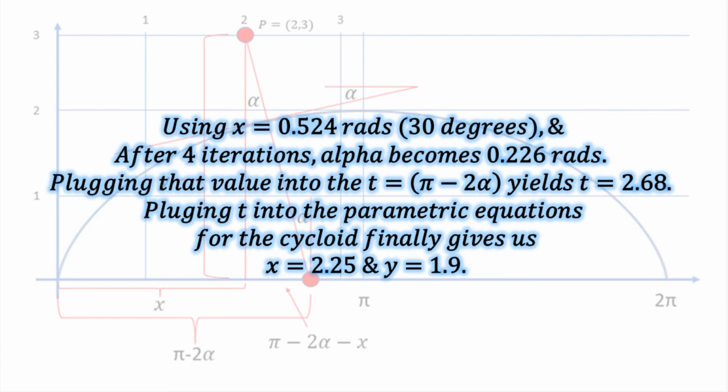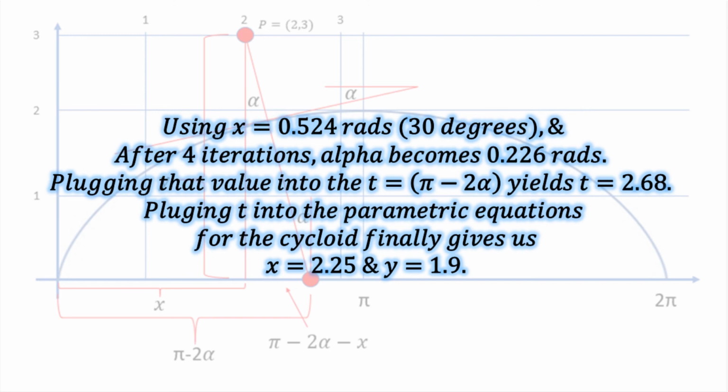Remember, we converted t into pi minus 2 alpha radians because we needed to get rid of that t value for a while so that we could complete our task. Well, now we want t back. So when we put those approximated radians back into t, that yields a t value equal to 2.68 on the x-axis.